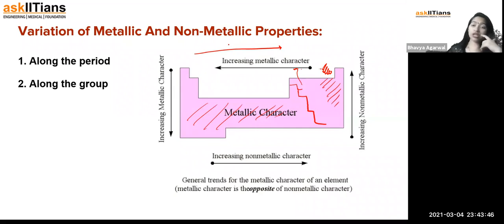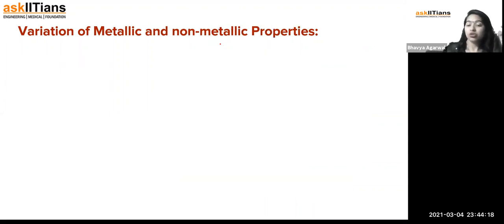Whereas if I move opposite, my metallic character will increase. Same way, if I move down the group, then the metallic character increases, whereas going down the group, the non-metallic character decreases. So let's understand the reason why.